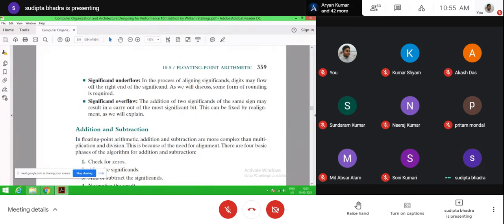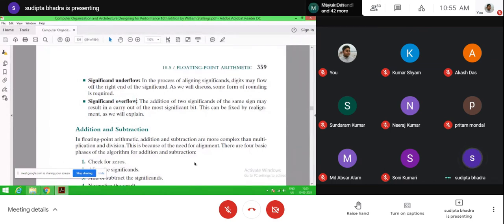In case of overflow, we are concerned about the MSB bit. If there is a carry out of the MSB bit, that is overflow, and if a shift happens from the right end, that is underflow.